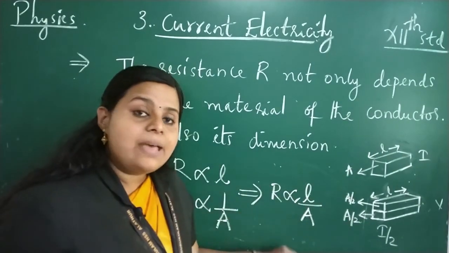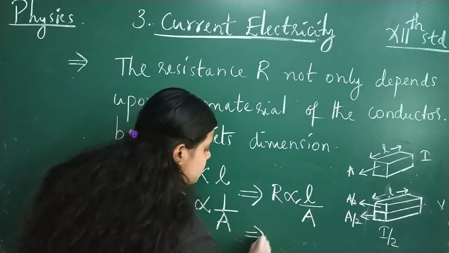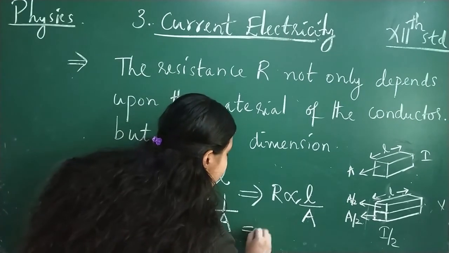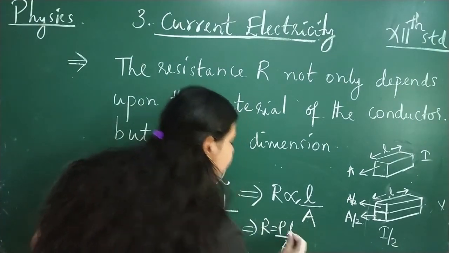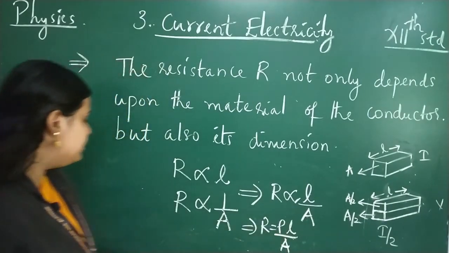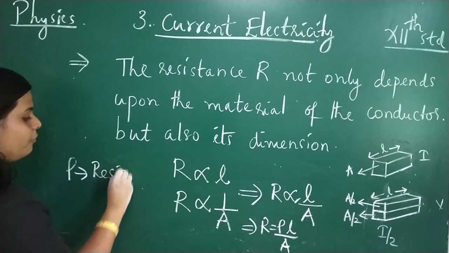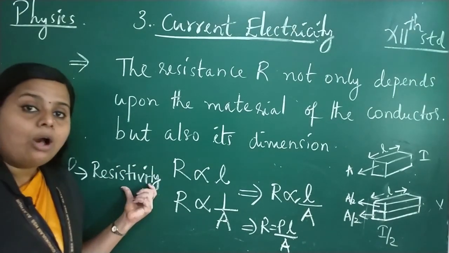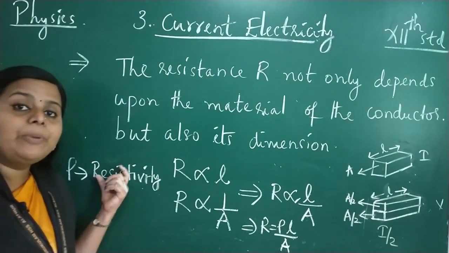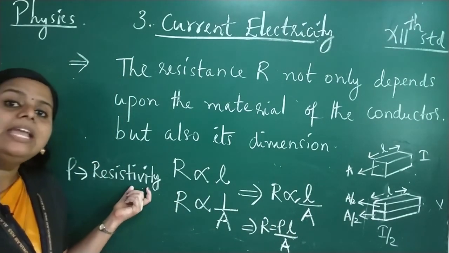Or in the next step, we can replace this proportionality sign by a constant, and that is R is equal to rho L by A, where this constant, that is rho, is known as the resistivity of the material. So here the proportionality constant is known as the resistivity of the material.